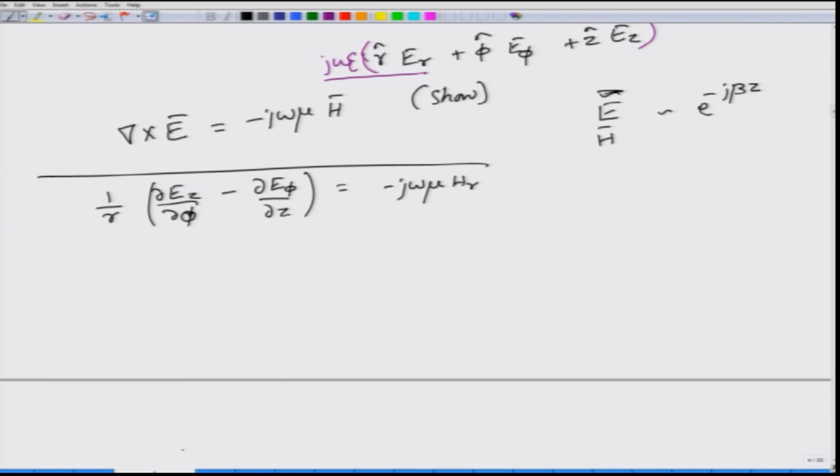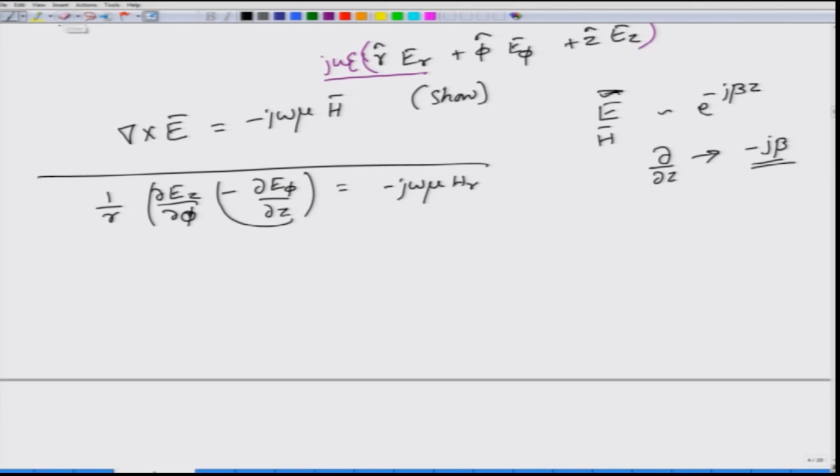They are characterized by a certain propagation constant. Therefore, when you take del by del z, what you are doing is simply pulling out this minus j beta. Just as for the phasor e power j omega t, you took del by del t and pulled out j omega, here you are pulling out minus j beta. So, in the place of minus del E phi by del z, I can write minus j beta times E phi.